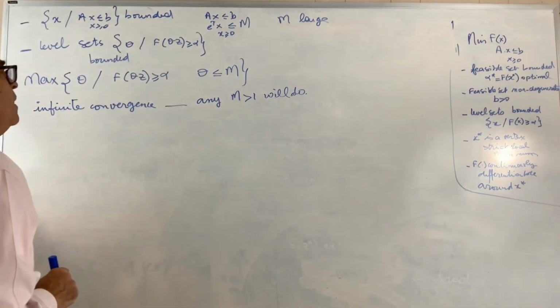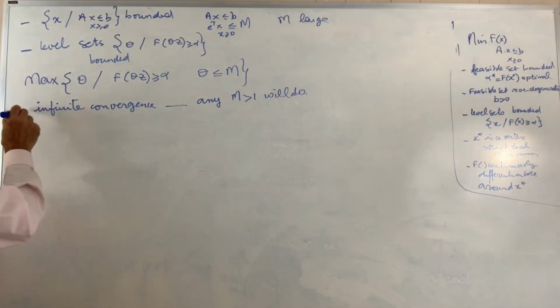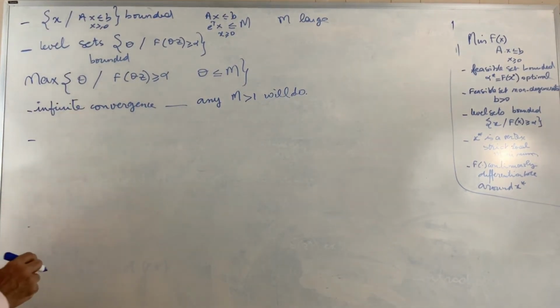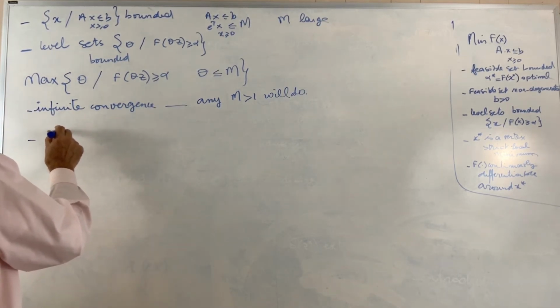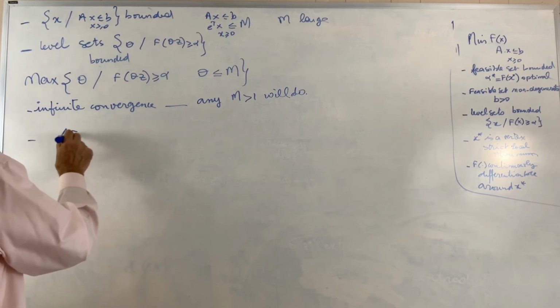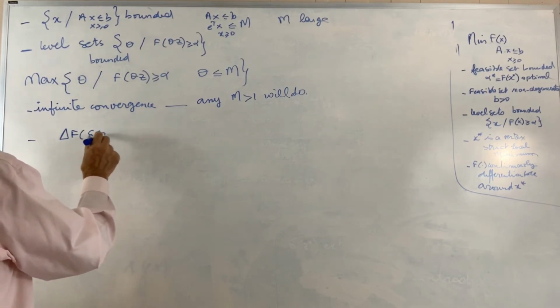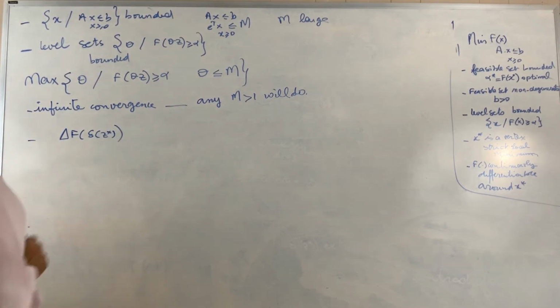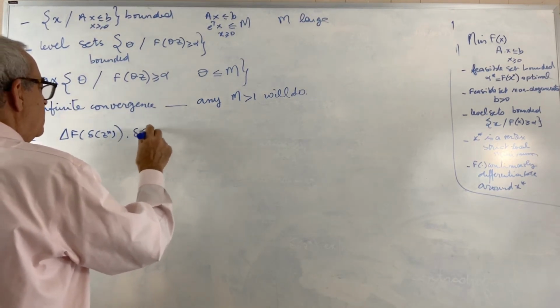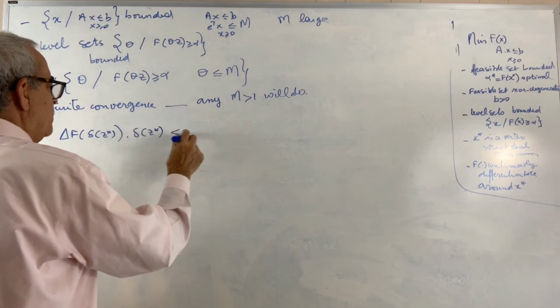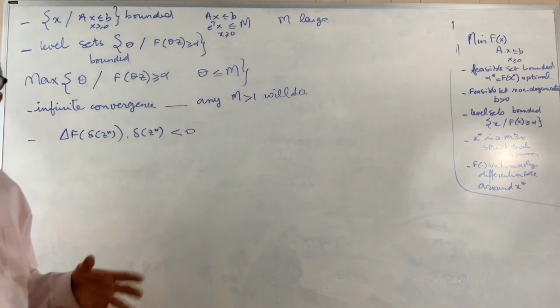Now, for finite convergence, remember that the directional derivative of F at Z star times delta of Z star is negative, for any infinite sequence.